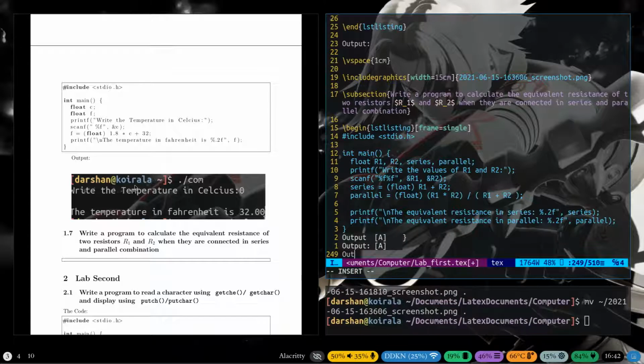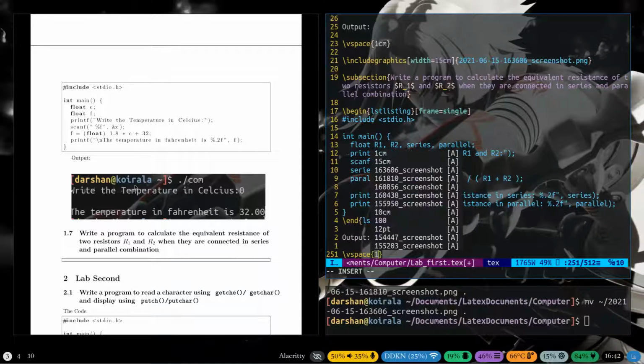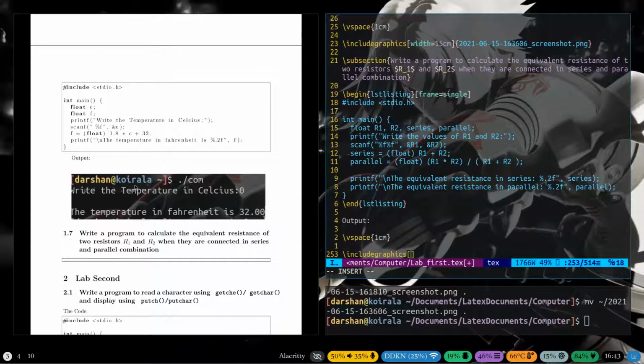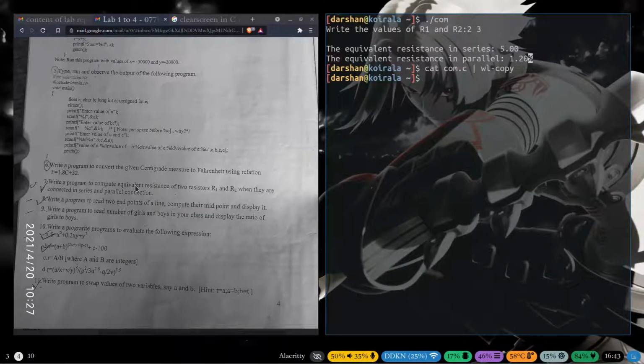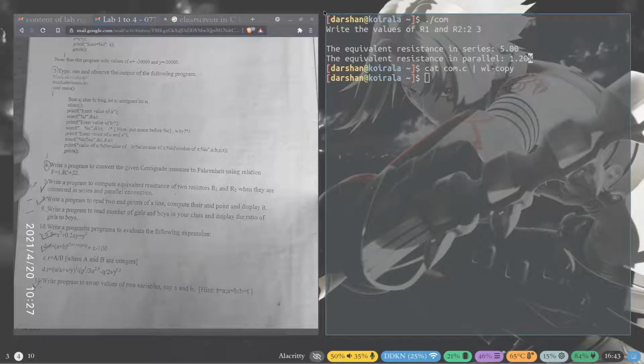And output, and it's going to be the space of 1 centimeter and include graphics, width is going to be 15 centimeters. But the thing is that the screenshot is not taken, so screenshot everything here.